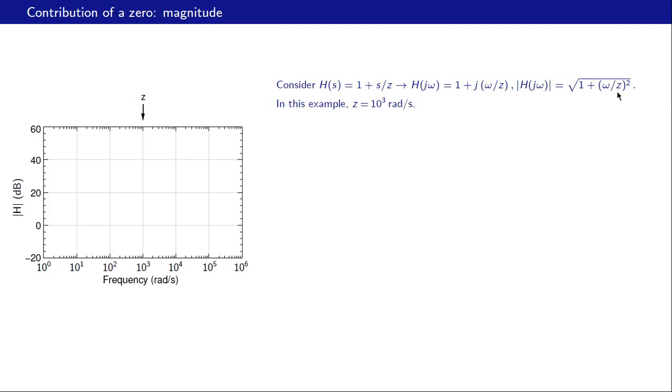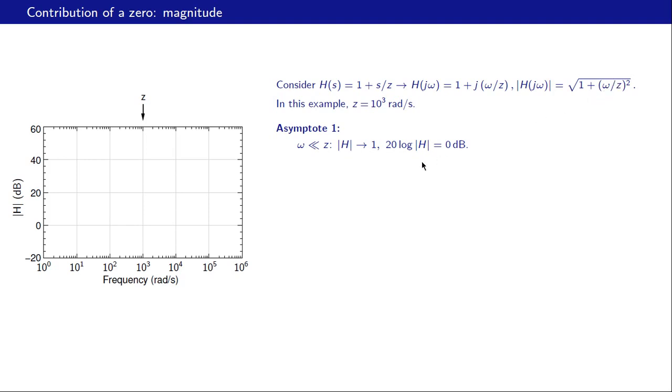Now, as we did in the case of the pole, we will take two cases. Case 1, which gives us the first asymptote, omega much less than z, and in this case we can ignore this term, and our h of j omega then approaches 1, mod of h approaches 1, this term being very small.